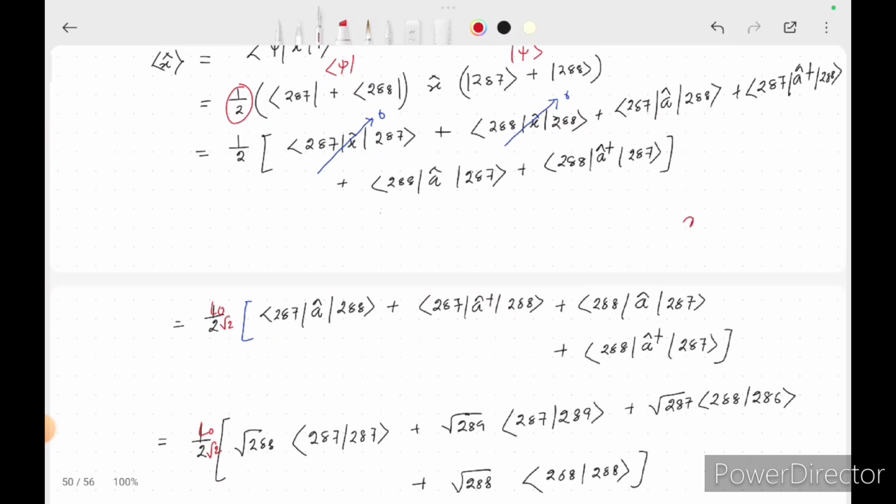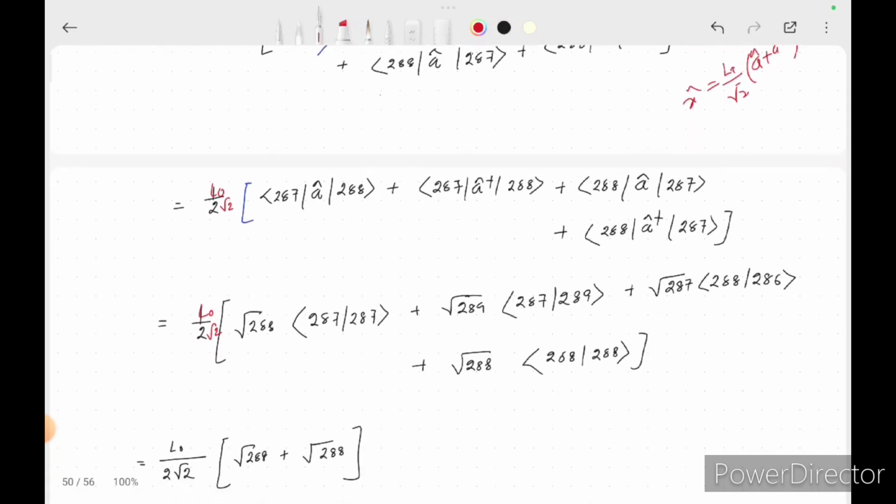So x cap is equal to L0 upon root 2 times a cap plus a cap dagger. We just put that in, so here we get L0 upon 2 root 2. These are each and every component. We just make a note of each and every component.